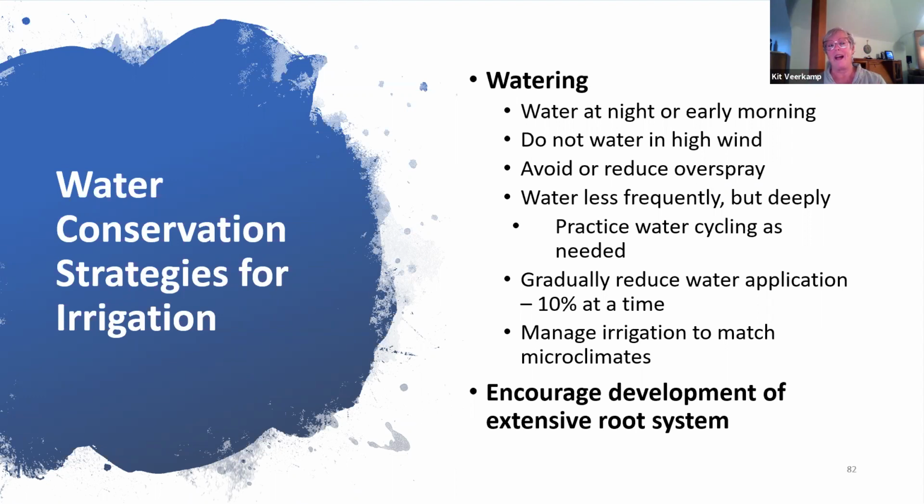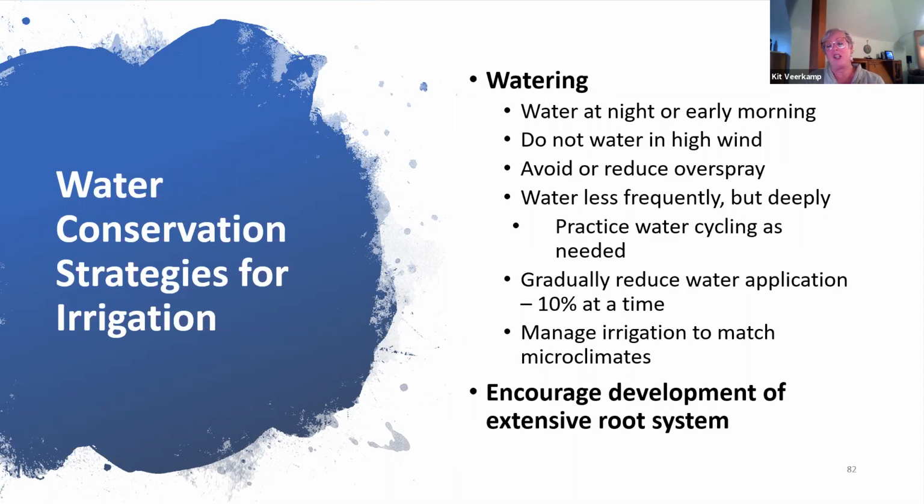So no matter what, the schedules that even the professionals develop are still probably higher than what's really needed. So you can take those schedules and start reducing and see at which point you're going, I don't like the way things are looking anymore. I want to add a little more water back. Or this is where I want to hold the line. But don't be afraid to reduce a little bit and see how your landscape reacts.